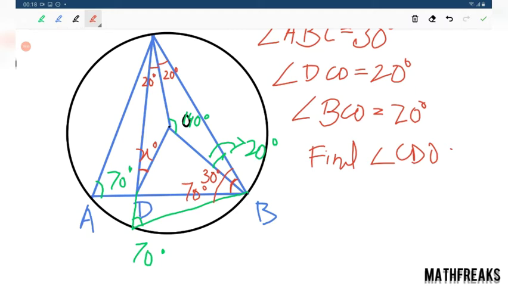Now this also cannot help us, because if we extend this, then the search for the angle is totally different from what we were thinking.